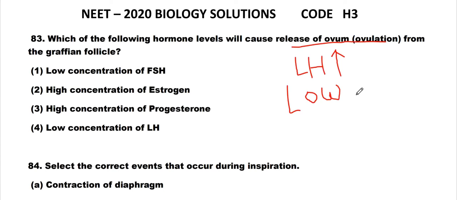Between the 10th and 14th day, the estrogen levels keep increasing to a very high concentration. These high levels of estrogens give a positive feedback to luteinizing hormone, which causes the LH surge on the 14th day, which causes ovulation. So the correct answer for this is 2.